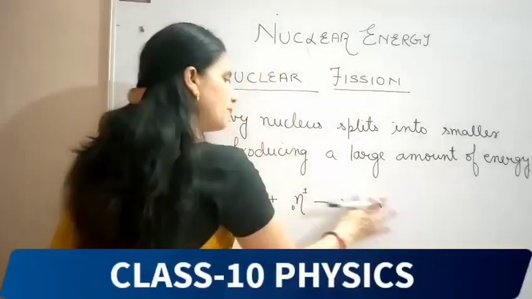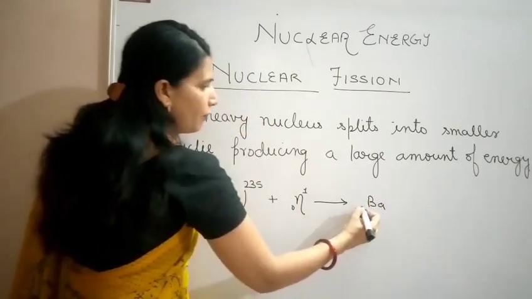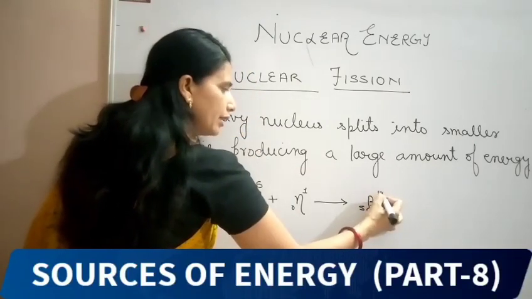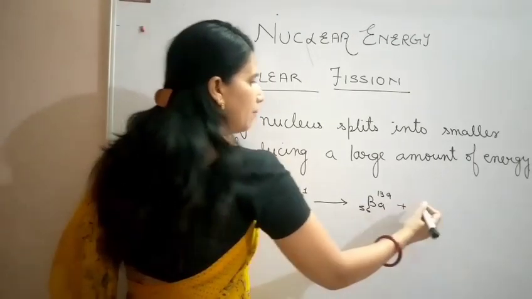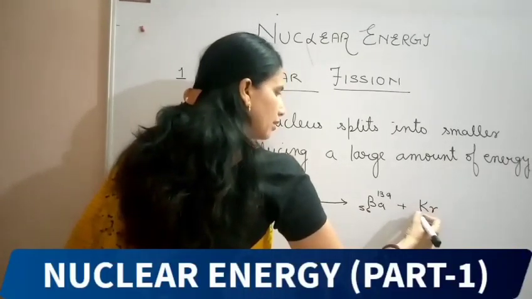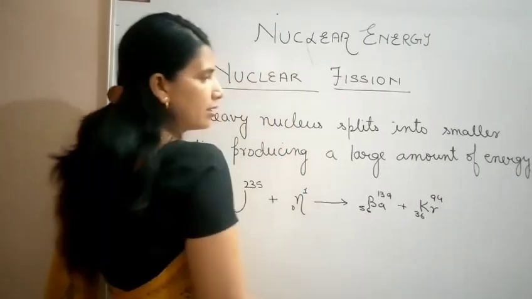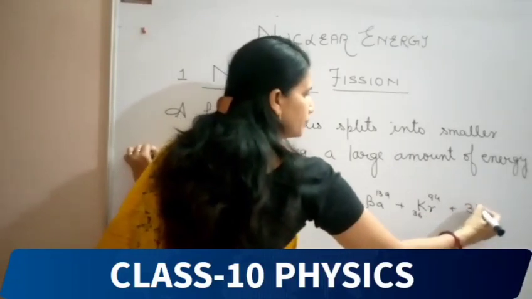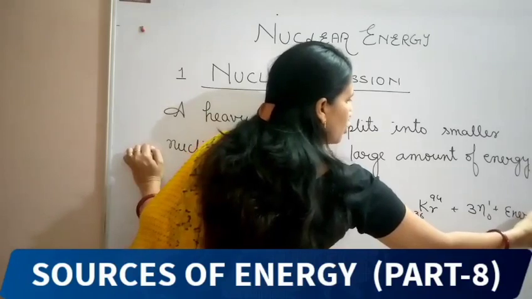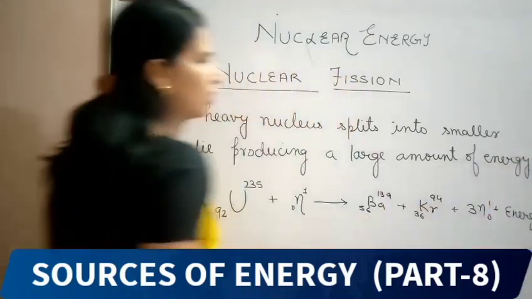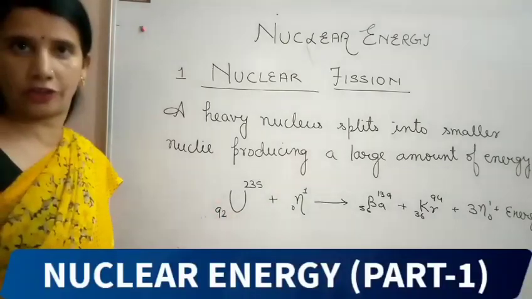One of them is barium, with atomic number 56 and atomic mass 139, plus krypton with 36 and 94, plus 3 neutrons and a large amount of energy. So this is a nuclear fission reaction.